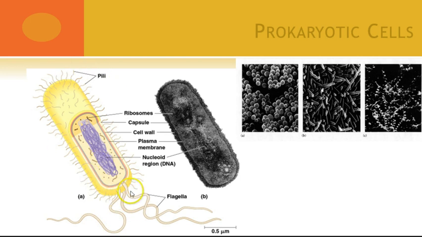You may have cilia, you may have flagella, you may have one flagellum, lots of flagella, whatever. But inside, you're going to have no nuclear membrane. You're going to have what's called the nucleoid region, and that's where all the DNA is going to be. It's all kind of clustered together. You're going to have ribosomes. Okay, so other than the cytoplasm, those are going to be the only things, and we'll come back to that in a second.